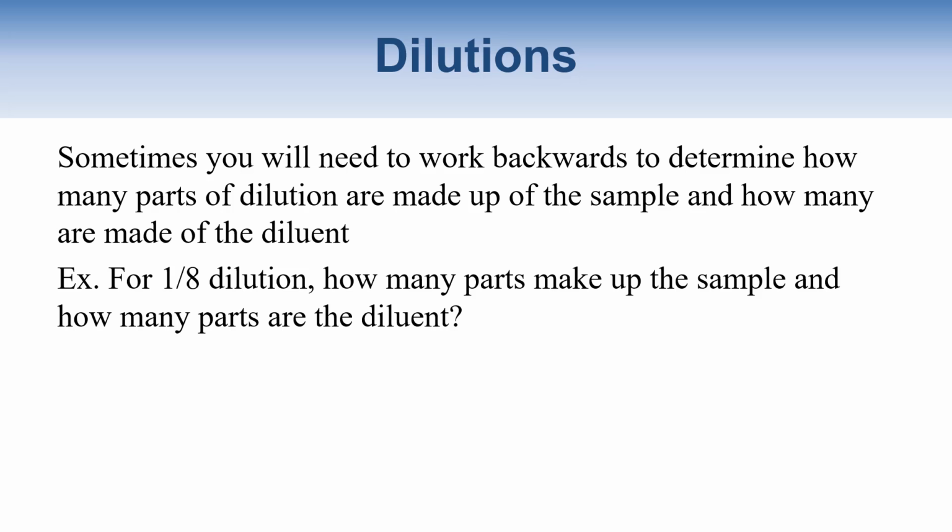Sometimes you need to work backwards to determine how many parts of a dilution are made up of the sample and how many are made up of the diluent. So for a 1 to 8 dilution, how many parts are the sample? Well, the sample is 1 part. And how many parts are the diluent? Well, this number gives you the sample plus the diluent. So if we rewrite this, this number here is just the sample.